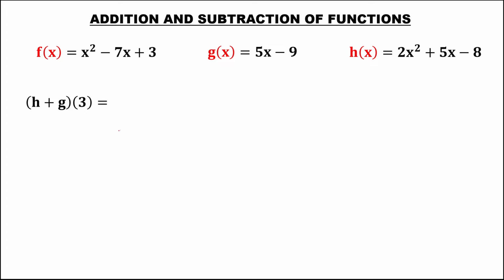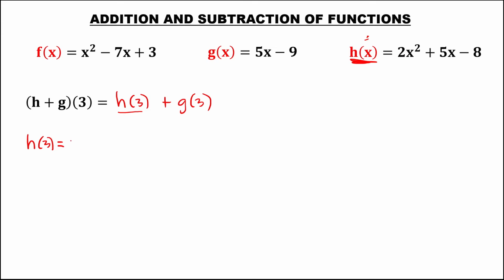Then for this given, this is equal to h of 3 plus g of 3. So first, we need to find the value for h of 3. So for h of 3 from h of x, x is equal to 3.